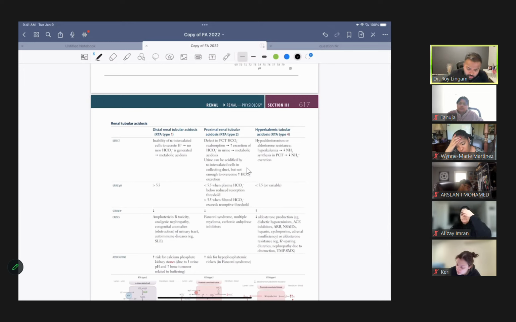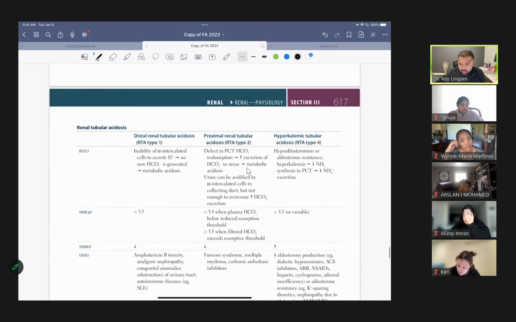Now, when it comes to renal tubular acidosis, first to learn, renal tubular acidosis means no matter what's happening, you have metabolic acidosis. That's what it is.